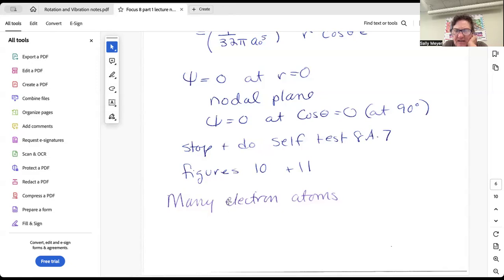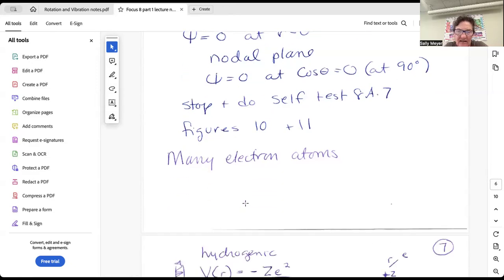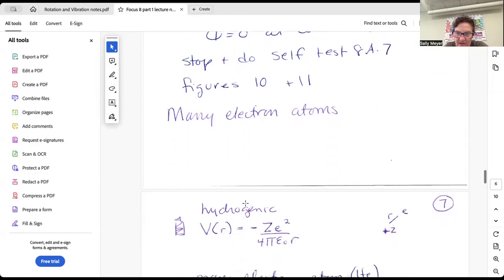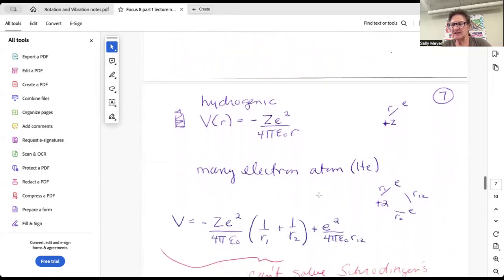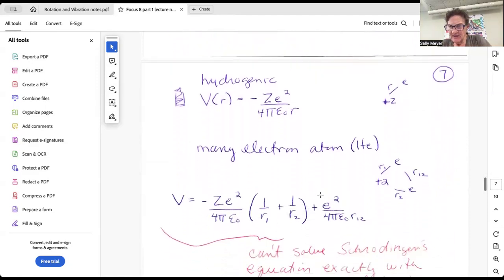Okay, so now we're going to think about many electron atoms. So remember, that's anything helium or bigger. So in that case, for hydrogenic, we had 1 electron, 1 nucleus, and so the potential energy simply depended on the distance between those two. But if you have a many electron atom, even something as simple as helium, you're going to have a +2 nucleus.